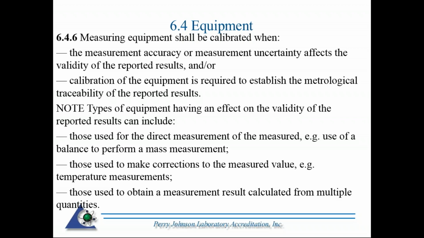Hence, if your equipment needs to be traceable, that's a term that gets tossed around loosely sometimes. It's defined in 17025. There's an annex added, exactly what that means. So if your measurements require traceability, a calibration would be needed.